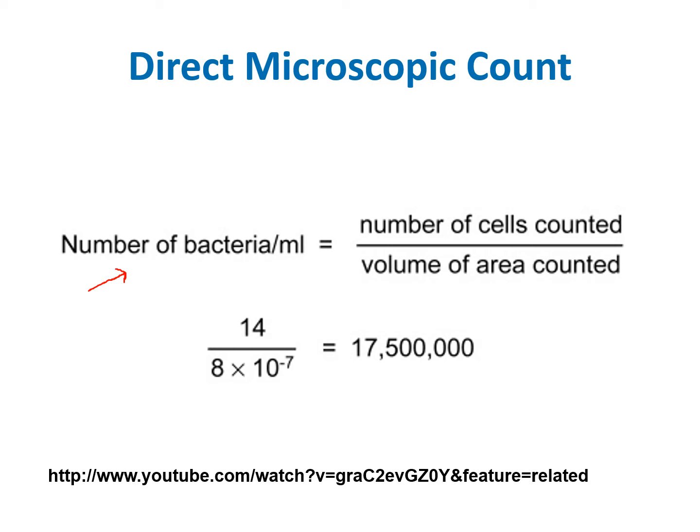For this example, the volume of the area that's counted is 8 times 10 to the minus 7 milliliters, and we counted 14 cells. So we would put 14 cells over 8 times 10 to the minus 7. If we do the division, we should get something like 17,500,000. And this is the number of bacteria per mil.